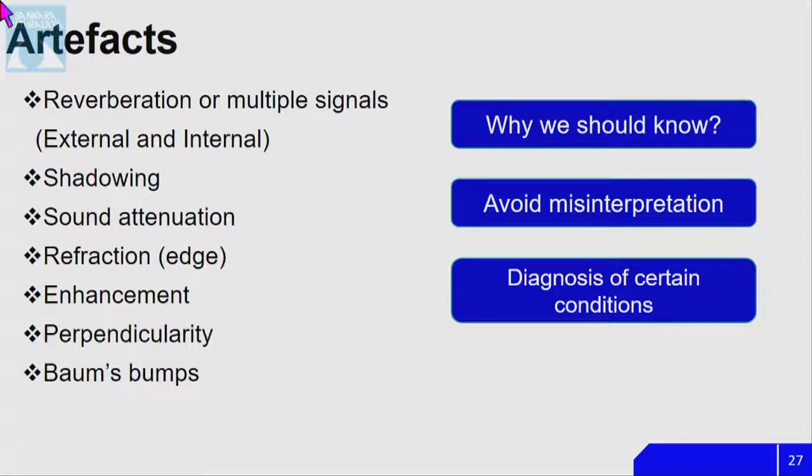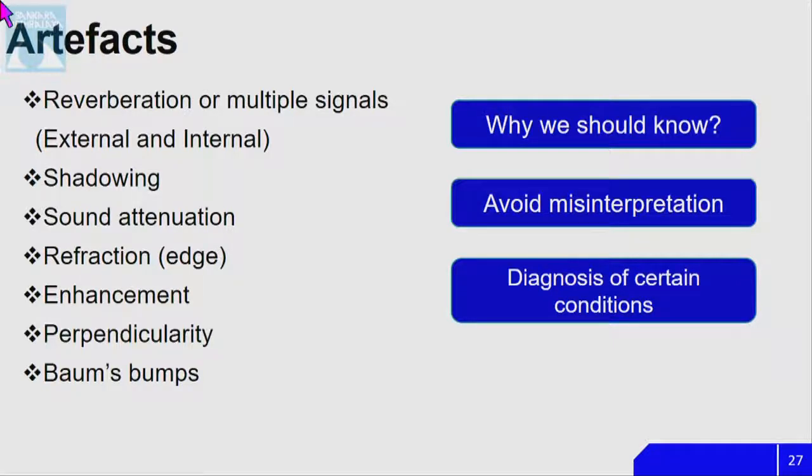Shadowing is when we see a high reflective structure, and all the structures posterior to it are not seen. It can be of two types, like sound attenuation, that is, we see a high reflective structure and posterior to it nothing is seen. And edge refraction is when some structures are not seen properly because of the refraction by the edge of the lens.